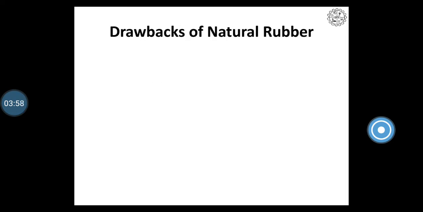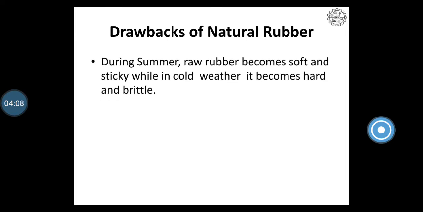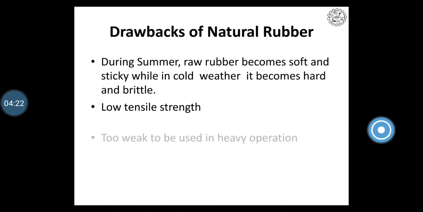There are various drawbacks of natural rubber, due to which it is not directly used in various fields. The very first, during summer, raw rubber becomes soft and sticky, while in cold weather it becomes hard and brittle. Natural rubber has low tensile strength.